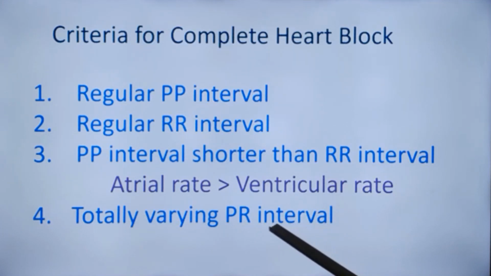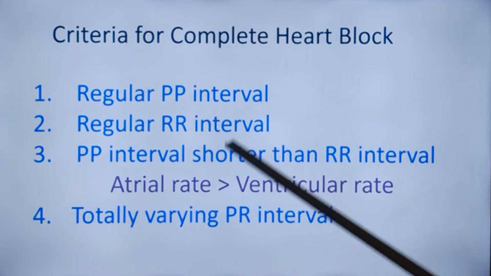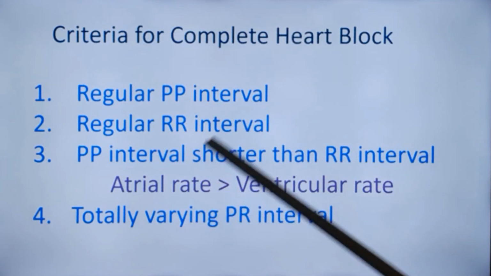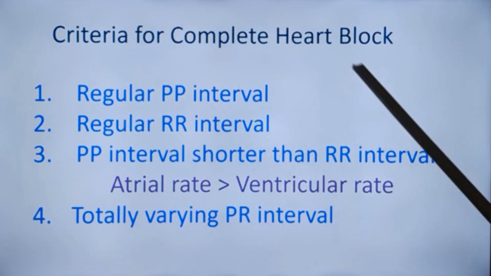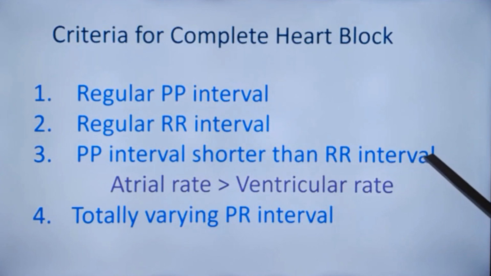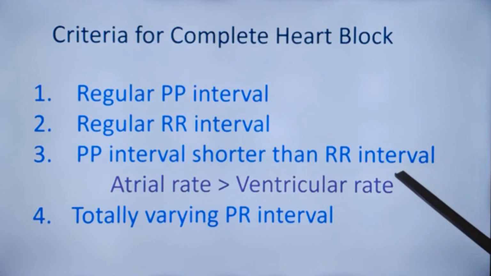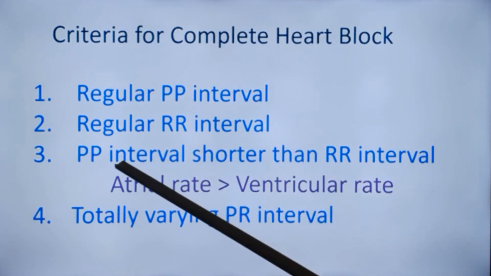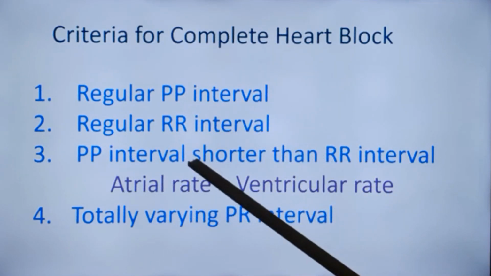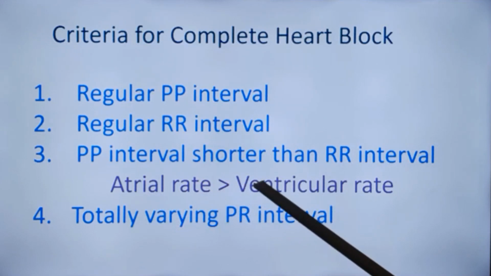atrioventricular conduction. And from these 4 criteria, if you change or skip any one criteria, then the condition may be different. For example, instead of PP interval shorter than RR interval, if you have PP interval longer than RR interval and all the other criteria are satisfied, it will not be complete heart block.